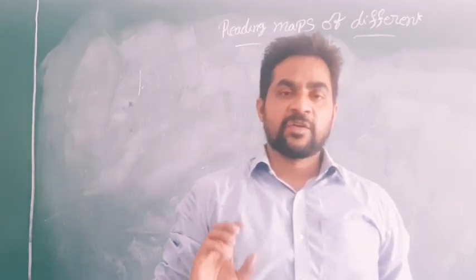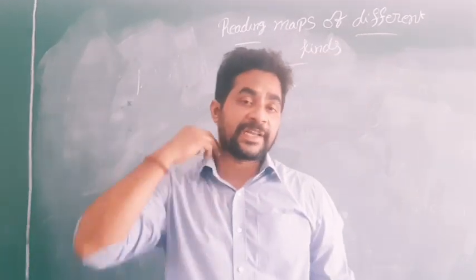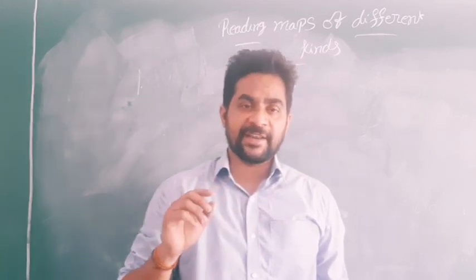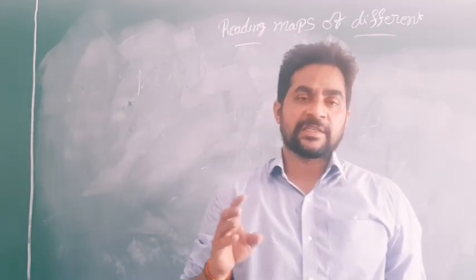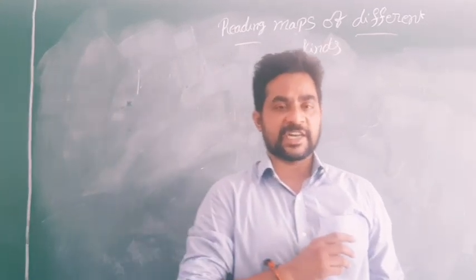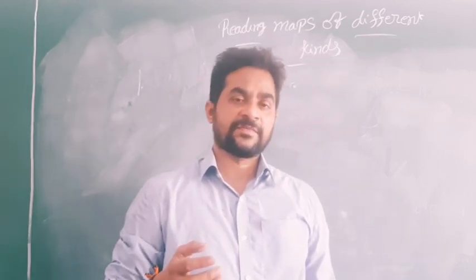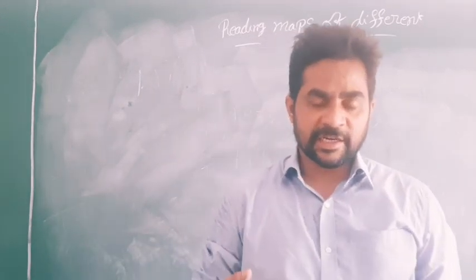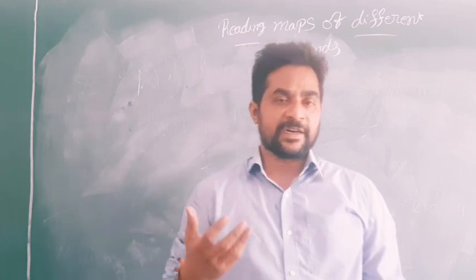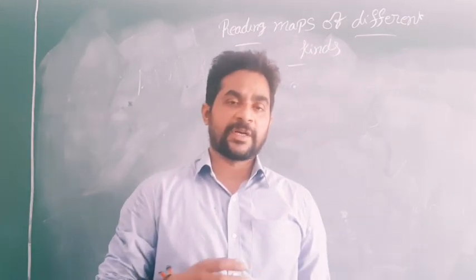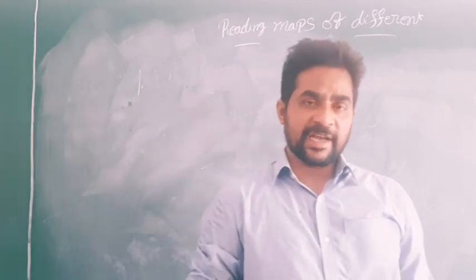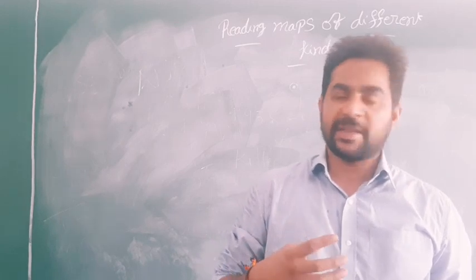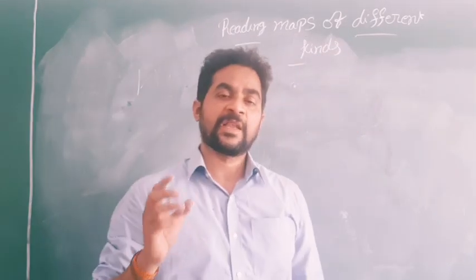A political map shows the political divisions of a country, like districts and states, and also the state capitals and district headquarters, the towns, and seaport areas. All these things are shown on political maps.